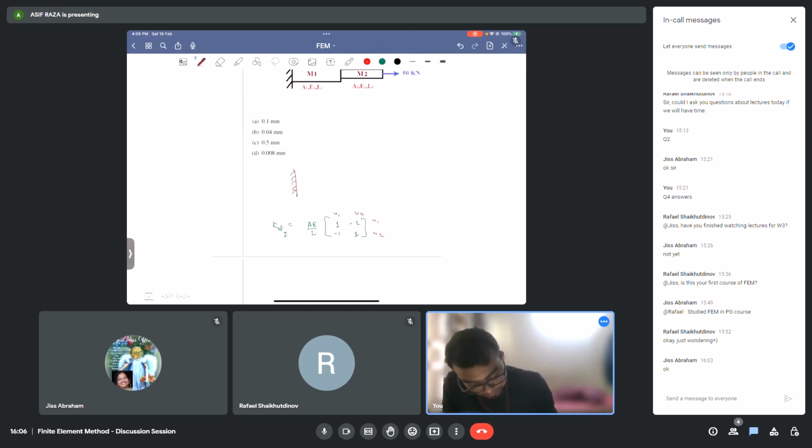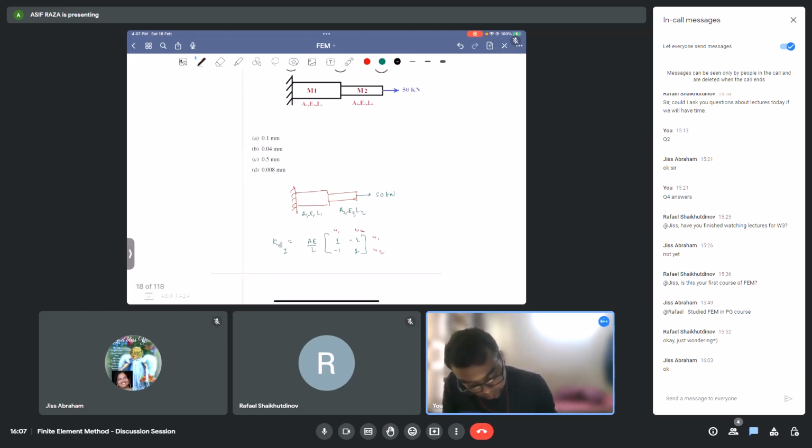So we have two bars, load is applied here, 50 kilonewton. A1 E1 L1, A2 E2 L2. We have the nodes named 1, 2, 3. So I'm taking the degrees of freedom as u1 here, u2 here, and u3 here.